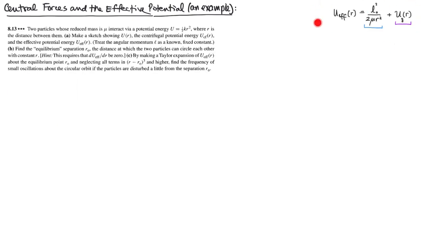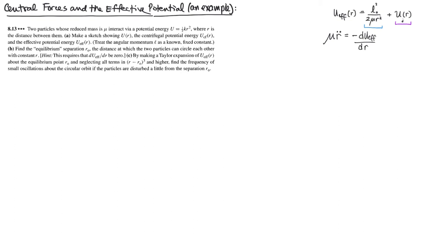So here we'll keep this key idea that the effective potential is given by the following, and also we'll add to that the equation of motion for the 1D system, that mu r double dot is given by minus the derivative of the effective potential with respect to r, which looks like Newton's second law in one dimension, but of course hidden in U effective is not only the real potential, but also this centrifugal potential.